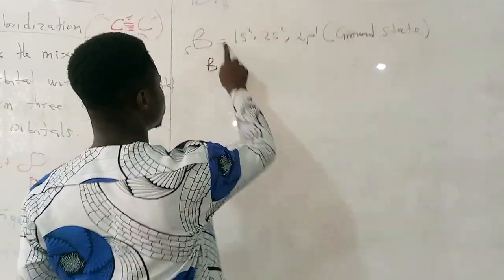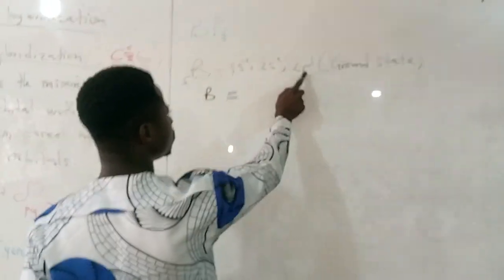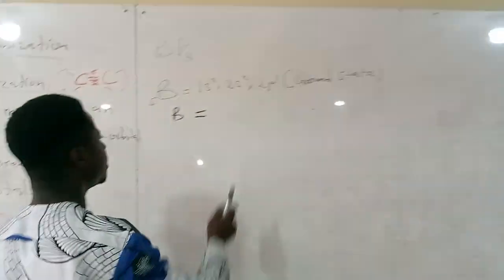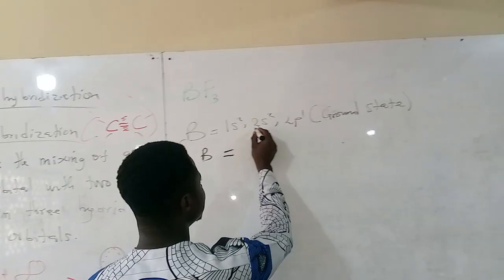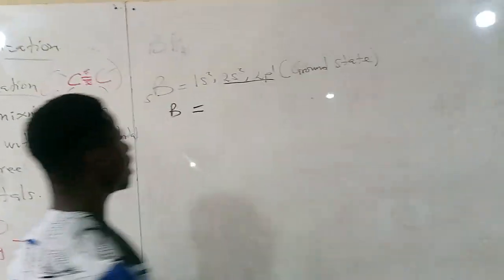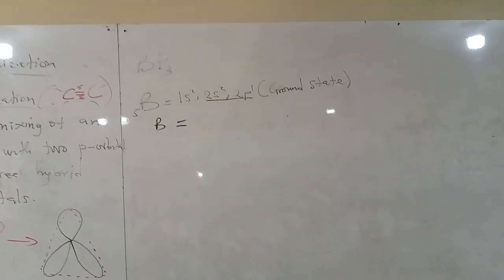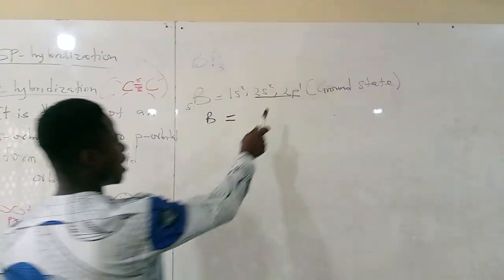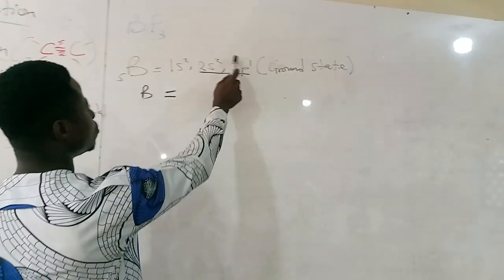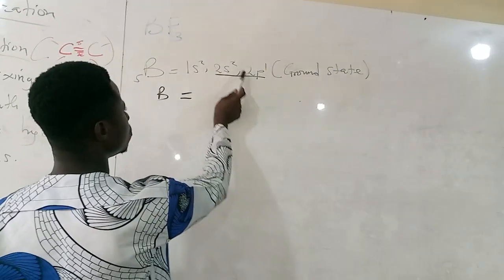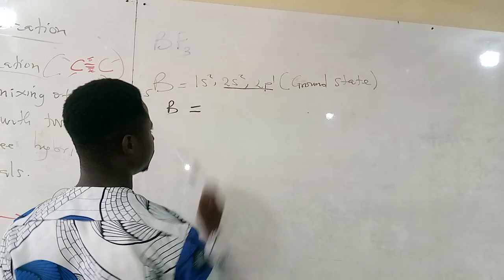This is 1s2, 2s2, 2p1. Don't say the valence electron is only 2p1. No. The valence electrons are 2s2, 2p1, because they have the same principal quantum number, so you cannot use only one.